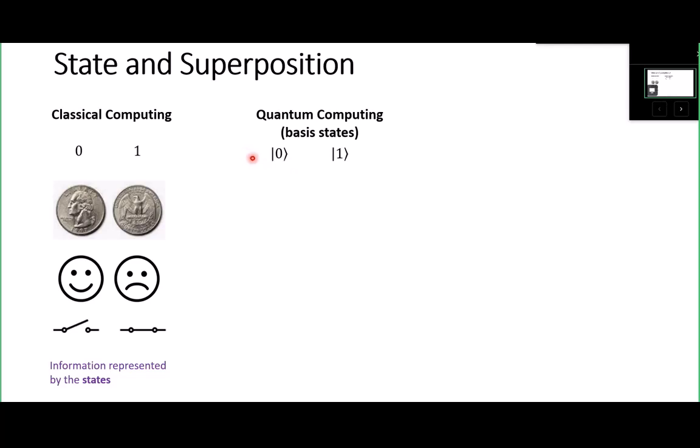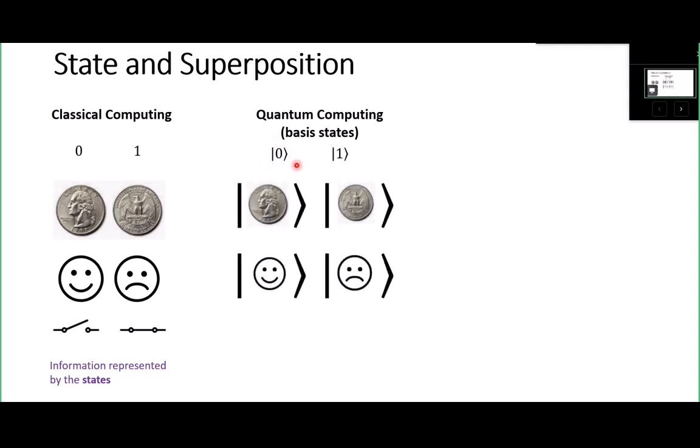So do not feel uncomfortable. What I did is just put it in a bracket. So similarly, I can represent head and tail, happy and sad, open and short of a transistor, right? They are just symbols I put inside the bracket, and they all can represent the same information as in classical computing. No difference, except how I notate it, right?